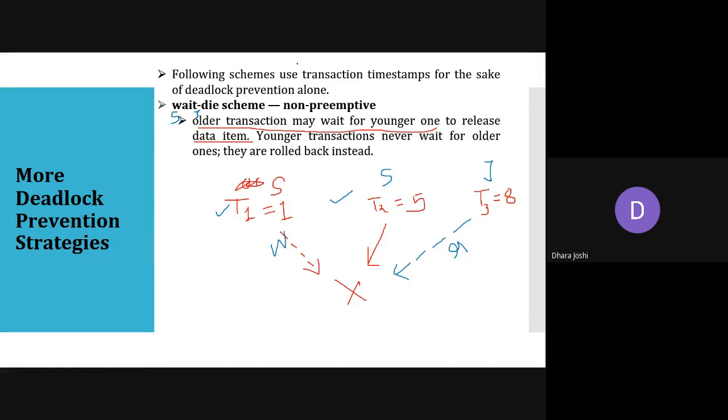So an older transaction that has completed some amount of work needs to wait. But a junior one has not completed as much work as the older one. If T3 is compared with T2, then T2 has completed more work and T3 has completed less work. So T3 need not wait, it needs to be rolled back.